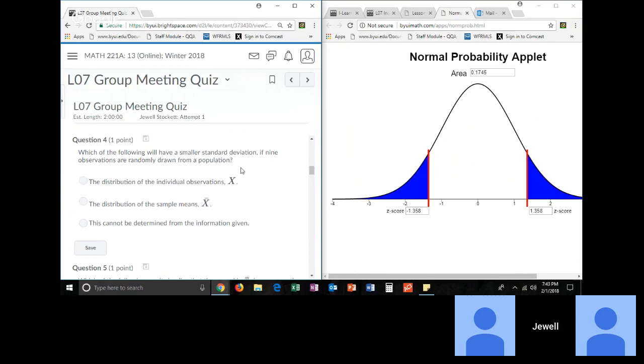Oh, wait. Am I still sharing my screen with you guys? Yes. So can you see what I'm pointing at? So the X with the line over it, is that the formula where we use the standard deviation divided by the square root of the sample size?